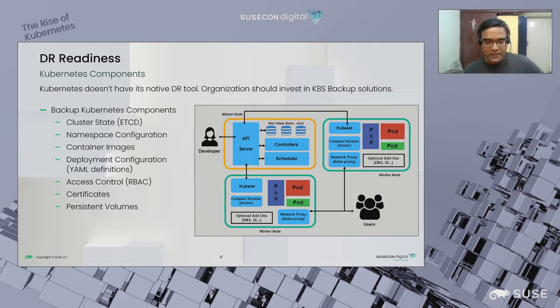Perfect. So, Suraj, let me ask you. So far we have covered what we really need to back up. We know the components in Kubernetes, and the other things in terms of the infra that we need to have availability for, so that these are available when required. We know the Kubernetes components that we need to back up.